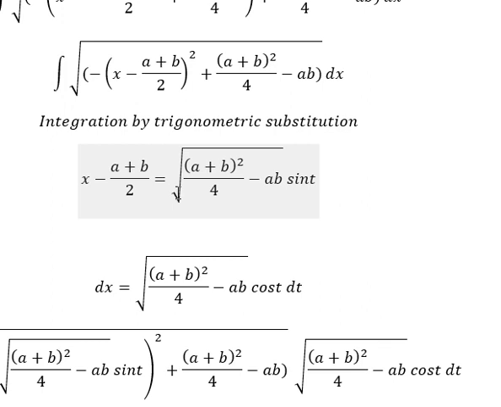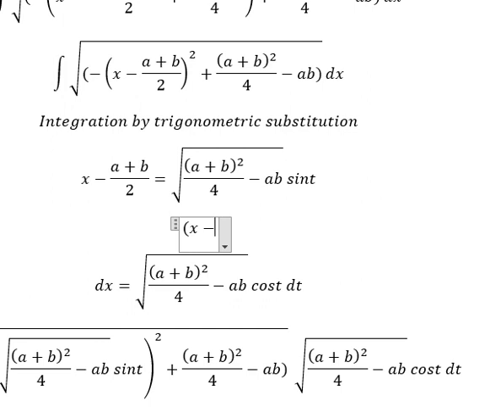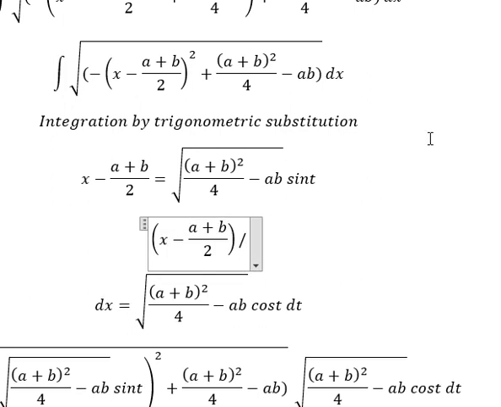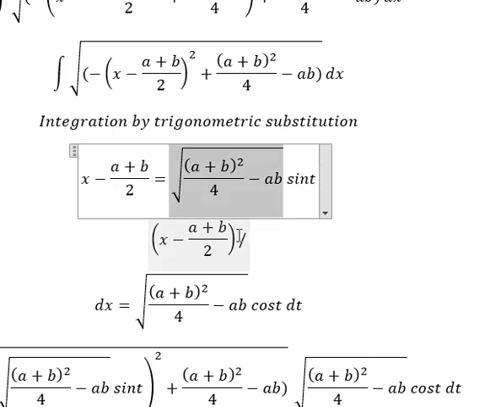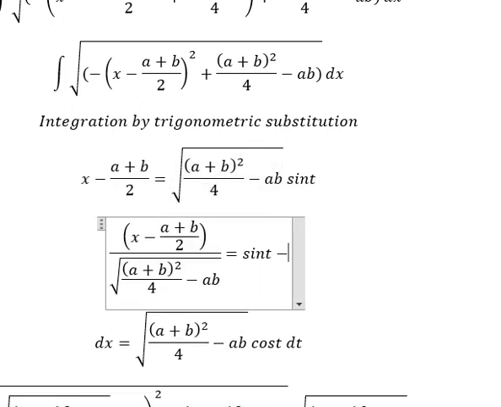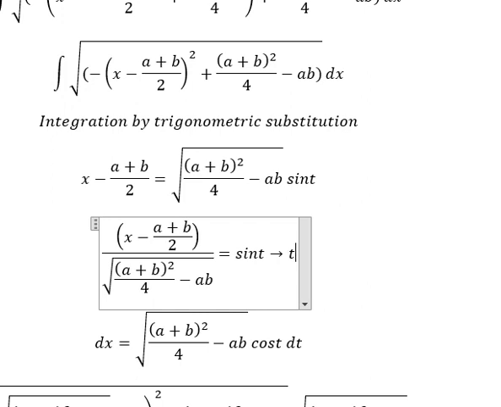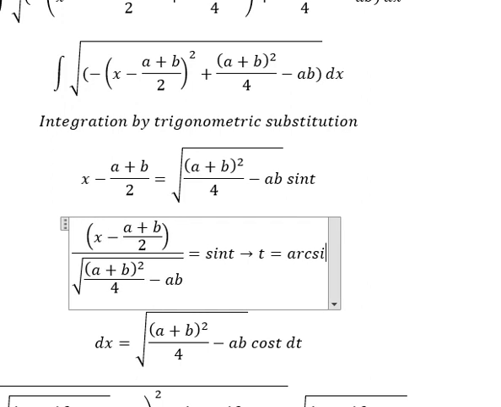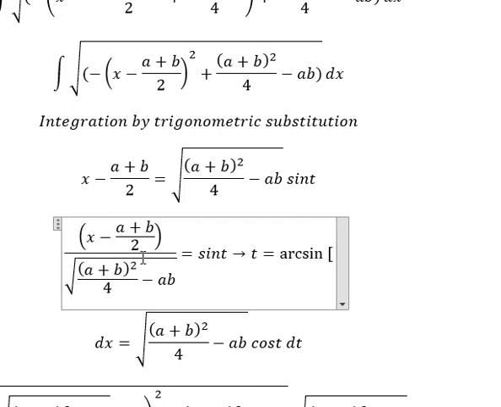So we divide both sides by the square root, and we have t equal to the opposite of this one.